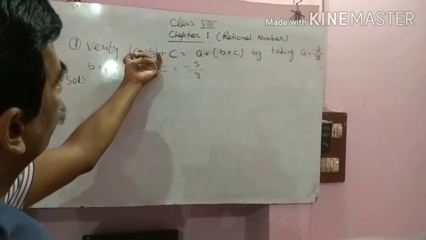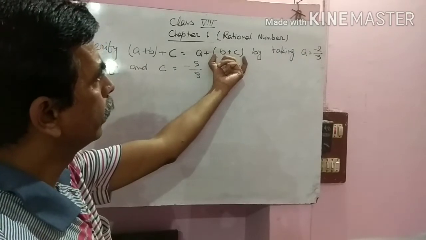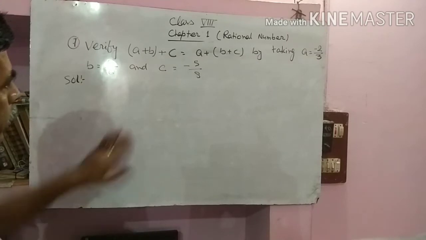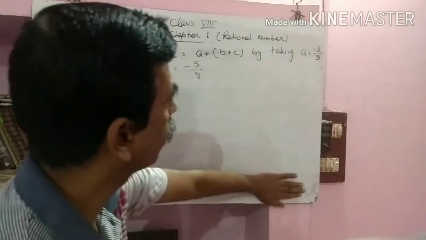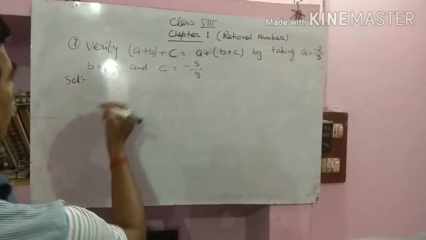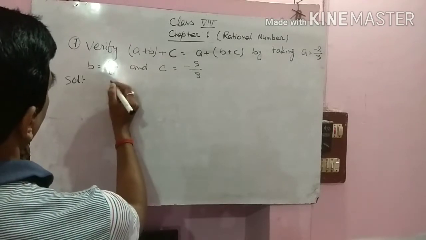These two numbers are grouped here, and these two grouped here, and the value will remain the same. But to verify whether the associative property is working properly or not, we have to solve it.